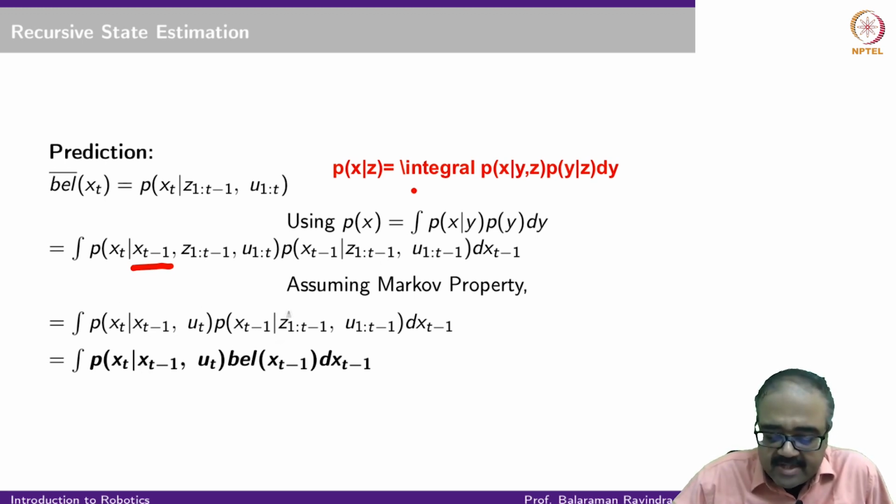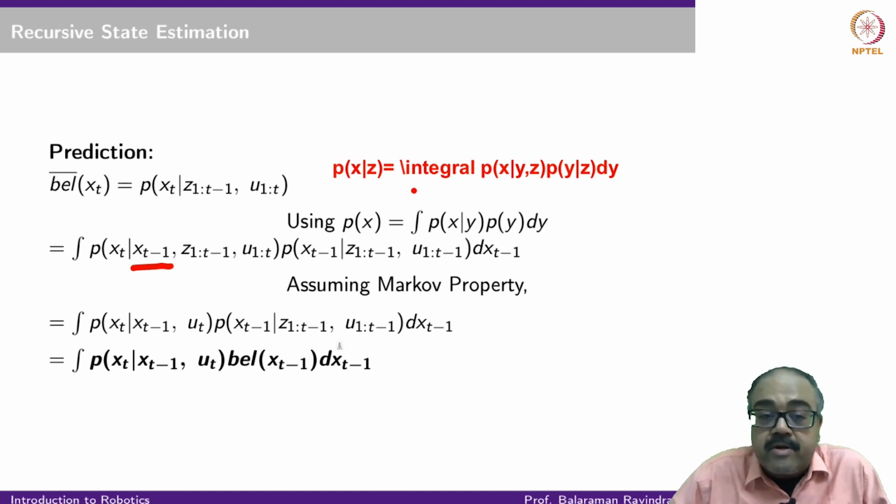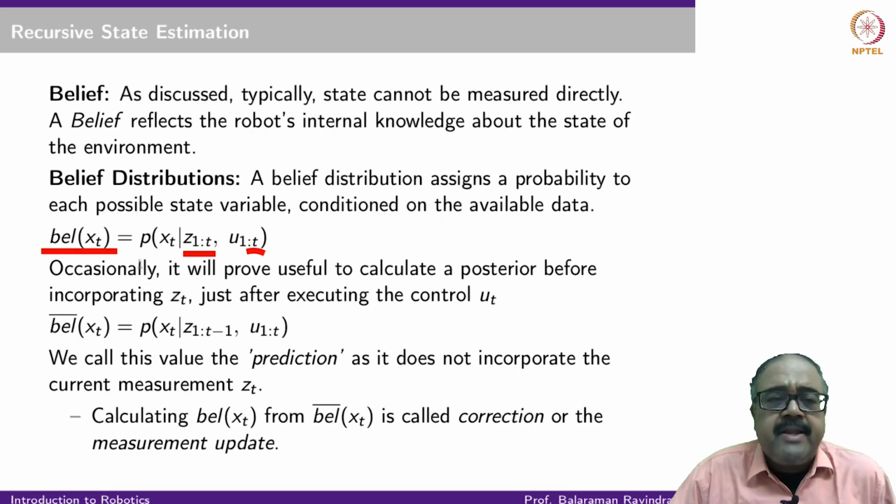The second expression stays the same. It's probability of xt minus 1 given z1 to t minus 1, u1 to t minus 1, dxt minus 1. But if you think about it, what is this expression? Probability of xt minus 1 given z1 to t minus 1 and u1 to t minus 1, that's exactly what our belief expression was.